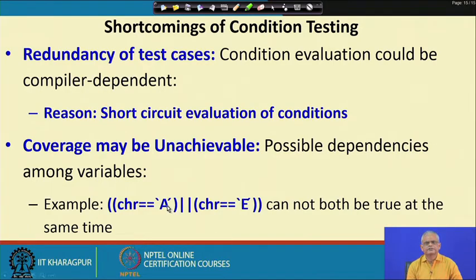Let us say we have an expression like character is A or character is E. We can achieve basic condition coverage, because we can have this as true and this as false, and this as true and this as false.